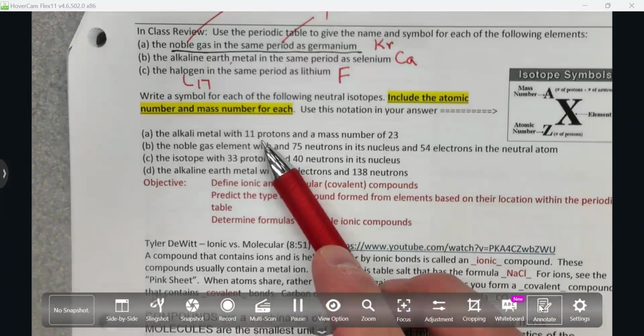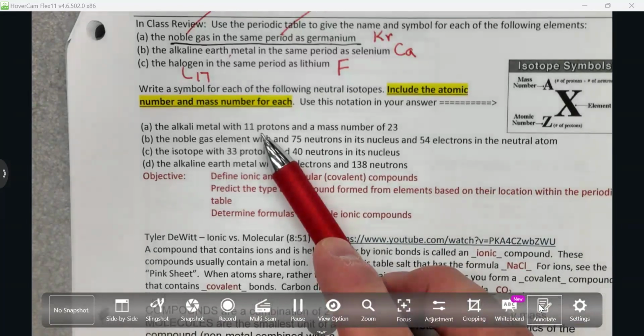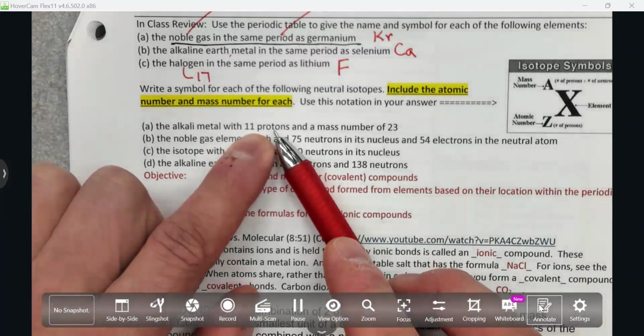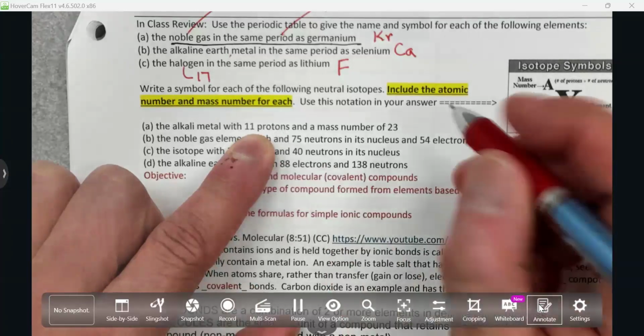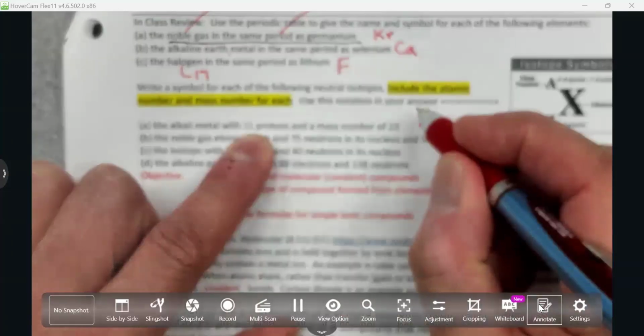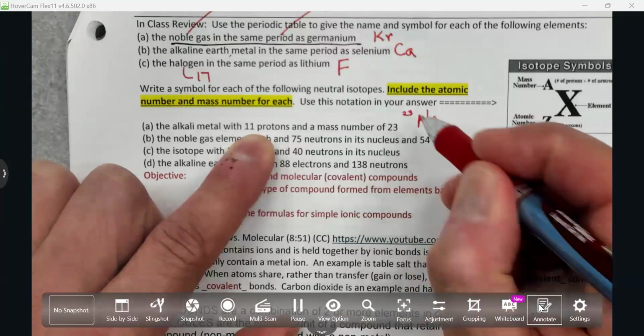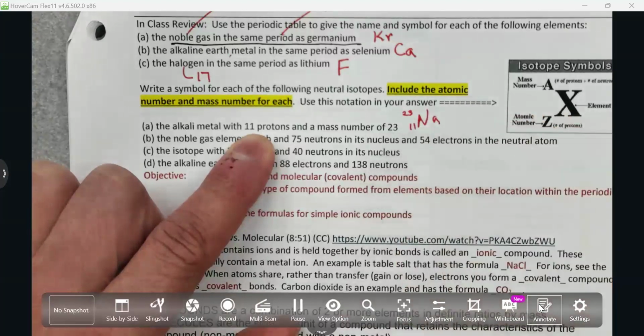Alkali metal, 11 protons. What's the alkali metal with 11 protons? Group 1, sodium, yes. And the mass number would be 23 and 11.